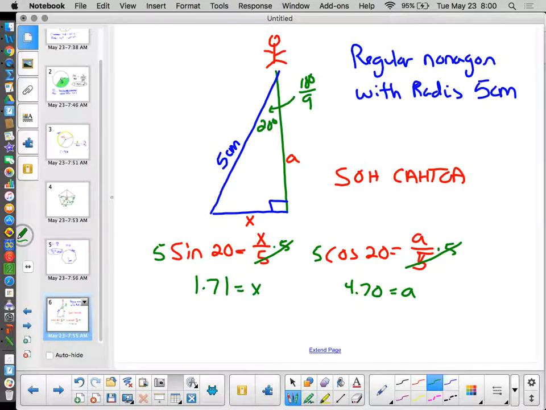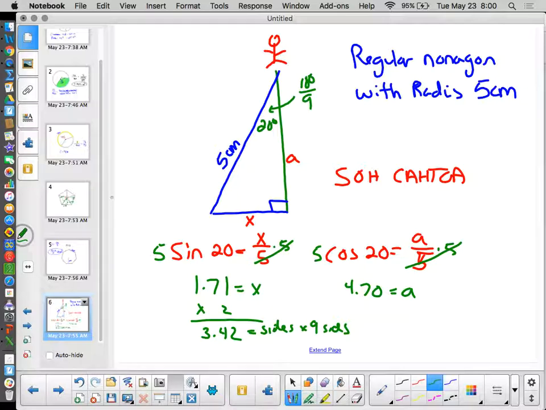Okay, that's my apothem. We're all set there. This is not my perimeter. This is half of the side. I then have to double this to find a whole side. So that would be, what, 3.42? That equals one whole side, and then it's times 9 sides because it's a nonagon.